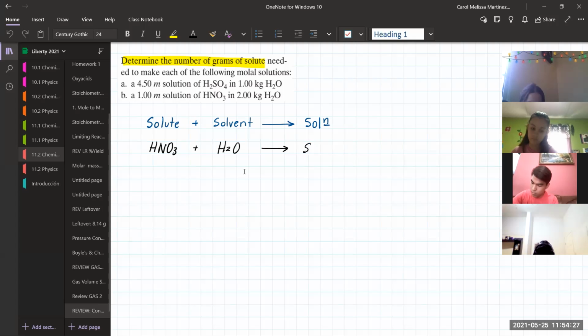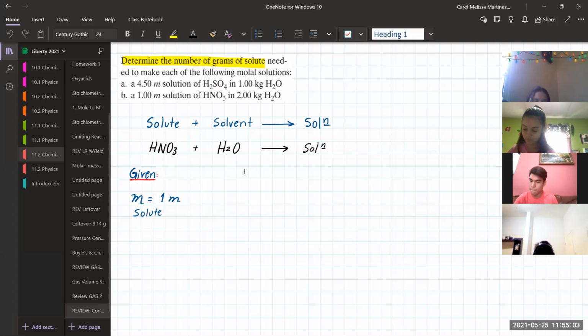Okay, now, what are the givens in this part B? We have the molar concentration of 1 m. Exactly, they are giving me the molar concentration, that is 1.0 or just 1 m. Okay, that is my molar concentration. Now, remember that we identified the solute and the solvent.